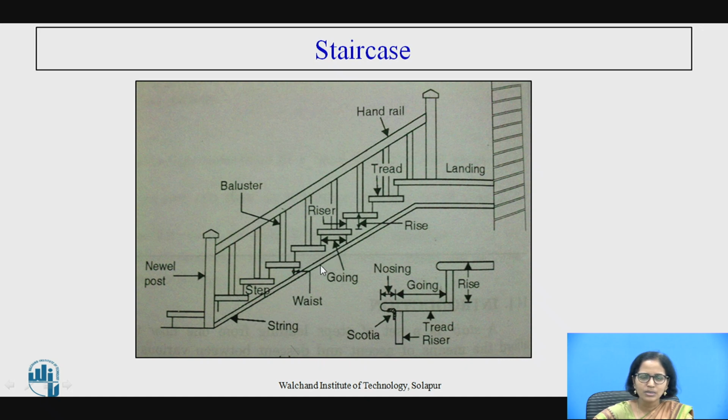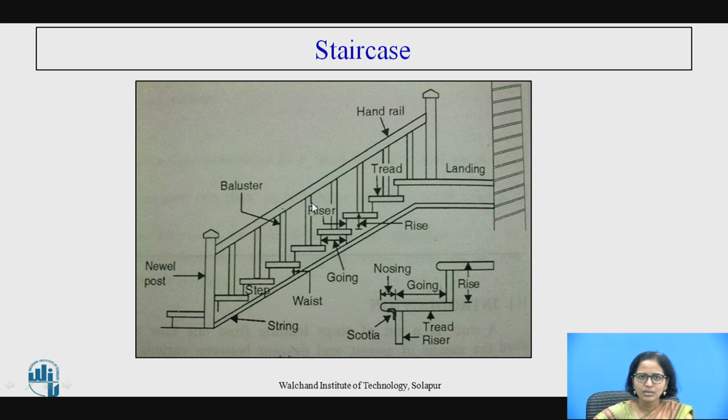For these steps, a supporting slab is provided which is called the waist slab. For this, an inclined member is provided which is called the string. Then the vertical members you can see are the balusters, which are provided for safety purposes.